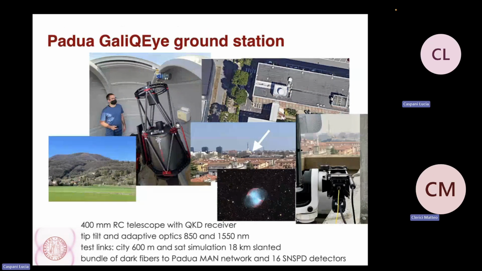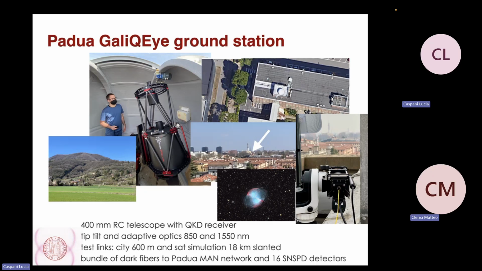And in Padova, we have a ground station, a smaller one, active since a few years now, waiting for the European or national satellites. We are doing, for instance, quantum communication at urban and regional sizes.